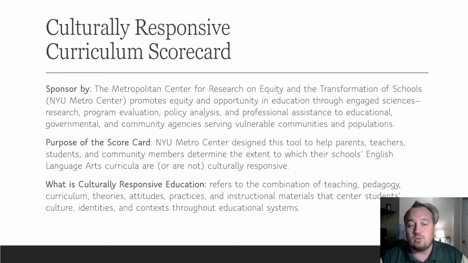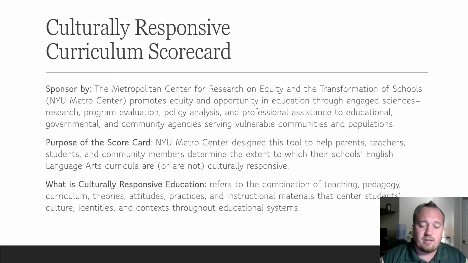The next audit tool that could be used is the Culturally Responsive Curriculum Scorecard. This was created by the NYU Metro Center, whose mission statement is to promote equity and opportunity in education through engaged sciences research, program evaluation, policy analysis, and professional assistance to educational, governmental, and community agencies serving vulnerable communities and populations.